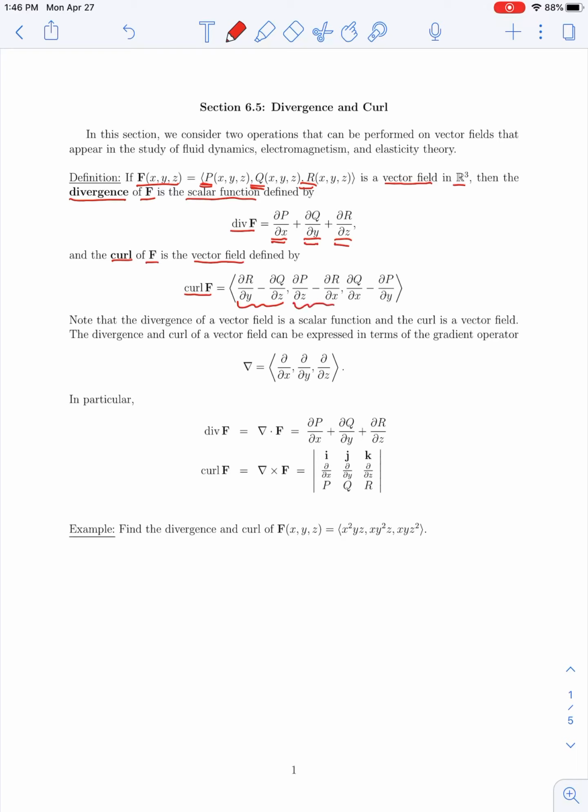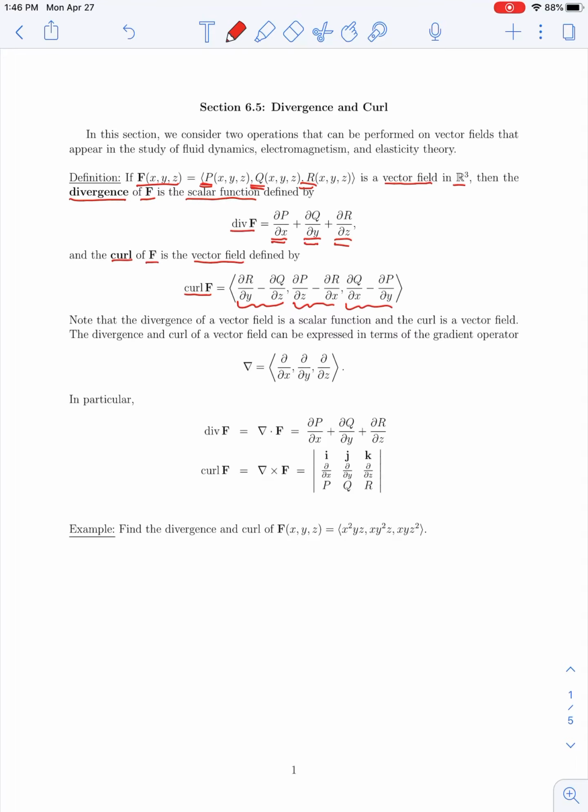Our second component function is the difference in the partial derivative of P with respect to z and R with respect to x.